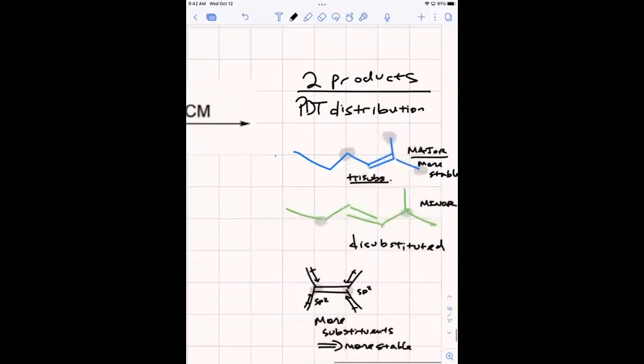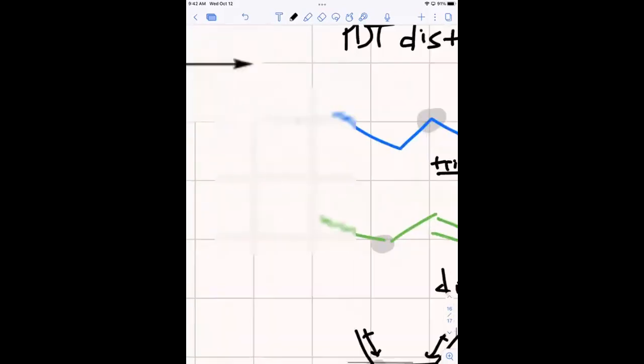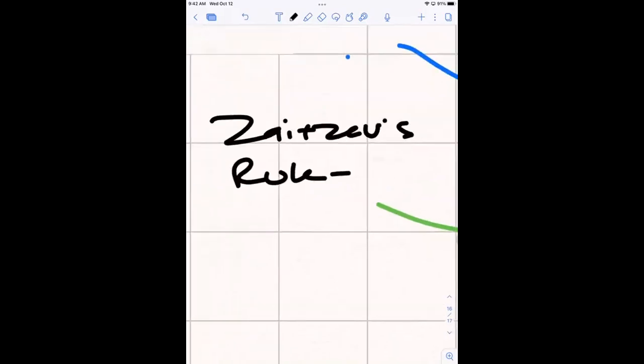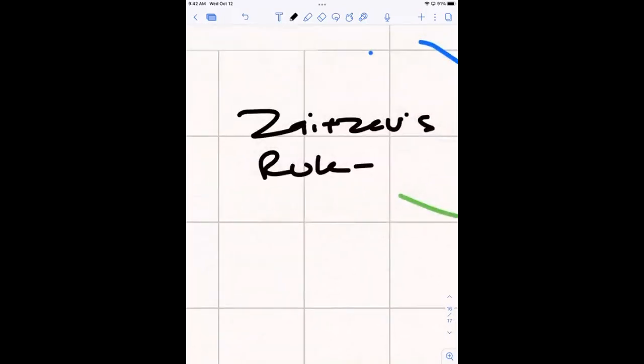You can predict the major product of any elimination using what we call Zaitsev's rule. All your eliminations are going to follow Zaitsev's rule, and all that says is that the more substituted alkene in the product is the major product.